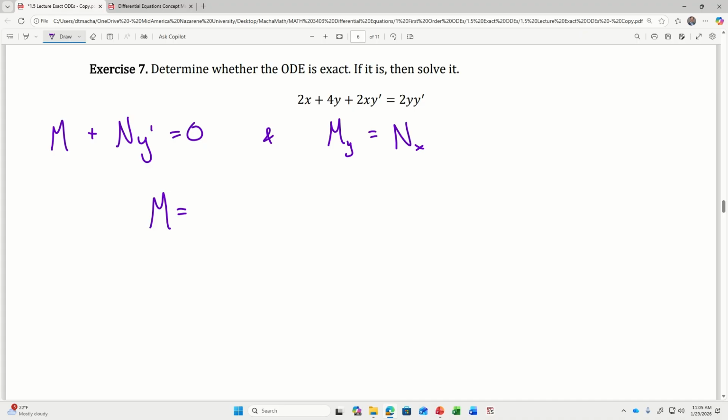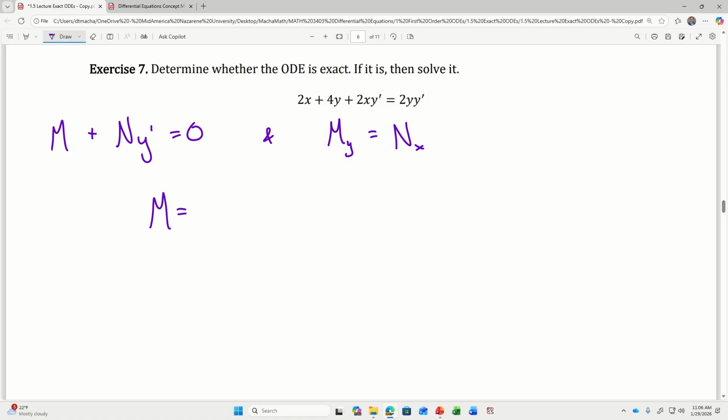What is my function capital M in this example? Would be 4y.